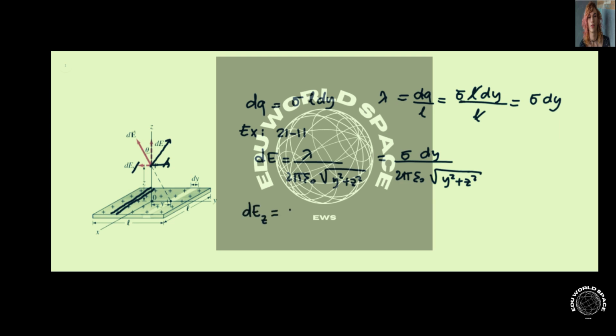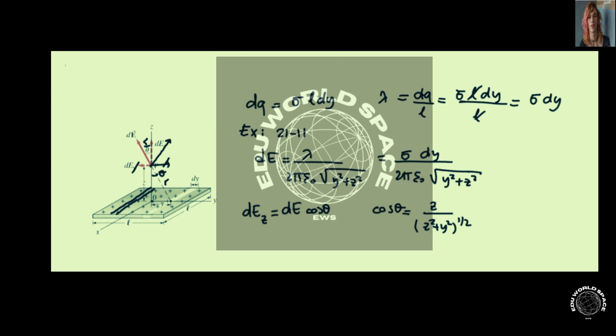So then it's wise to calculate the z component of the electric field. Looking at the angle, it's going to be dE times cosine theta, right? So what is this cosine theta? This is also theta, right? So the cosine theta would be adjacent, which is z, over hypotenuse. Hypotenuse being this r, and that equals the square root of z squared plus y squared, right?